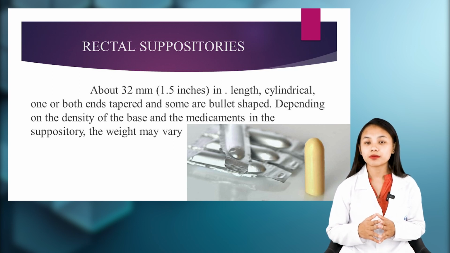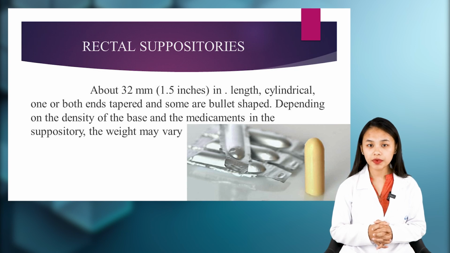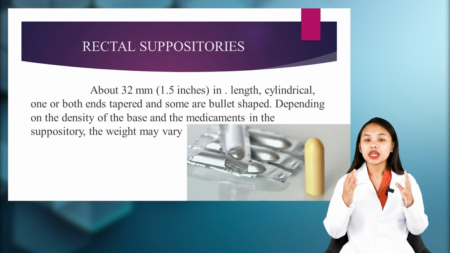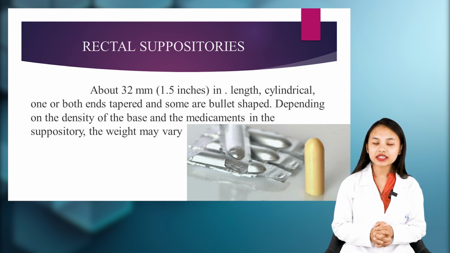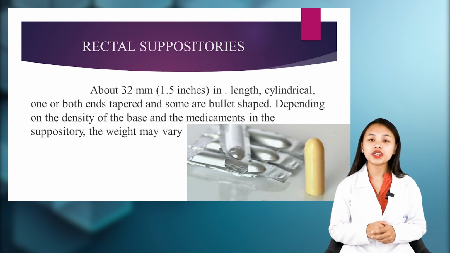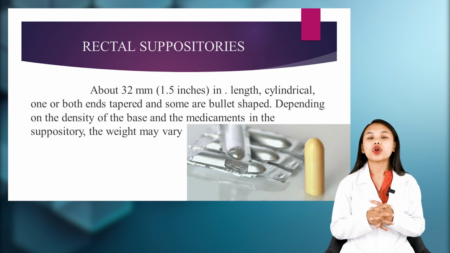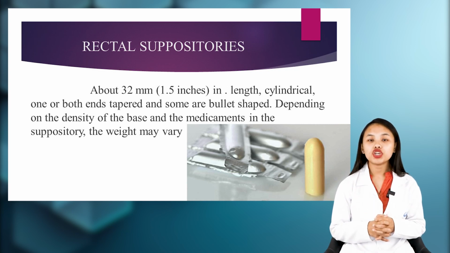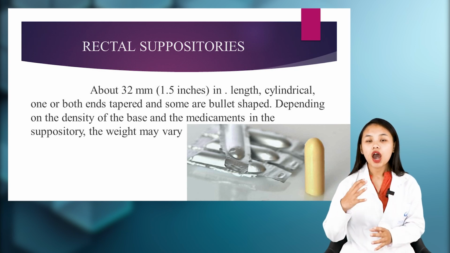They can either be cylindrical or bullet shaped, and in these rectal suppositories either one or both ends will be tapered. When we talk about the weight, a rectal suppository usually weighs 2 grams.